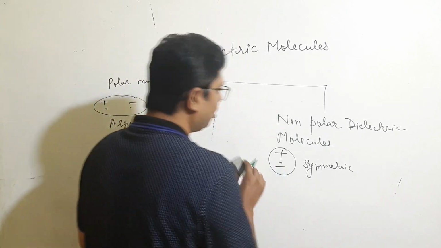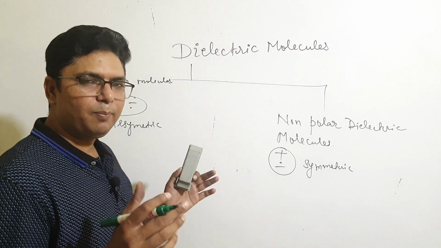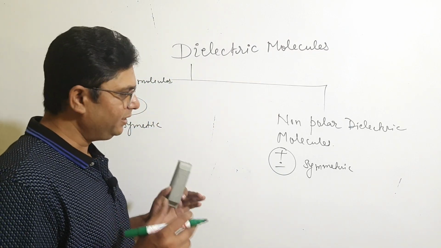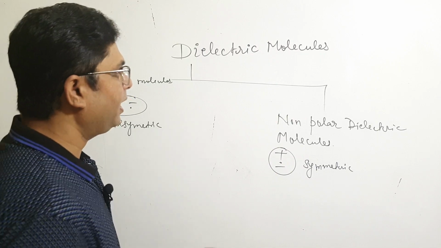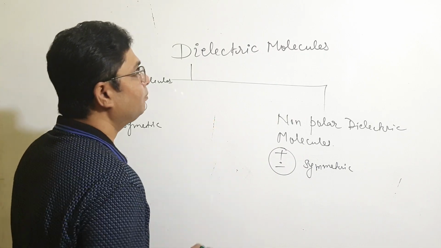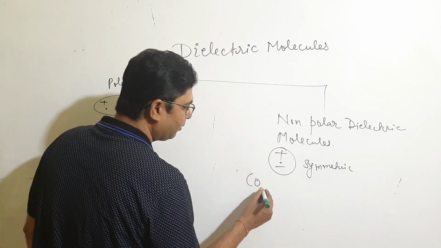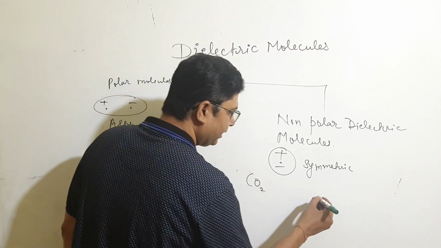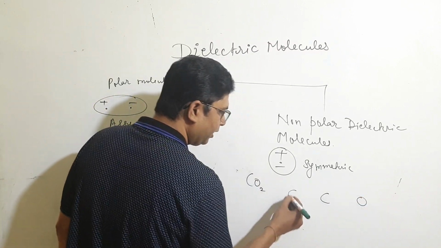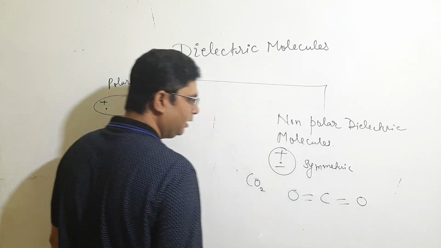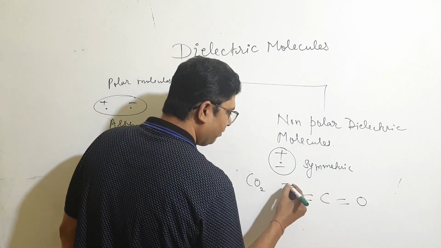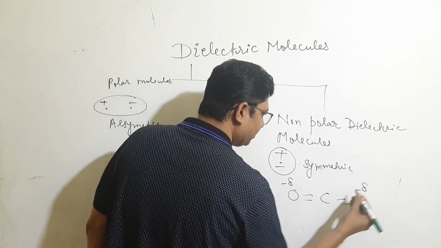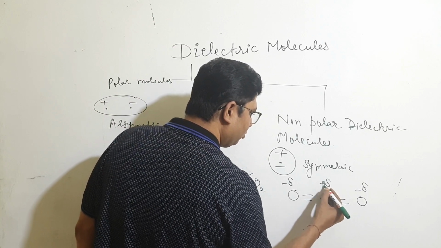Now, let us understand the intrinsic dipole moment for a non-polar dielectric molecule by taking an example of CO2, carbon dioxide. So put here C, put here O, put here O. We know the double bond is there. So we know here we have minus delta, here we have minus delta, here we have plus 2 delta.